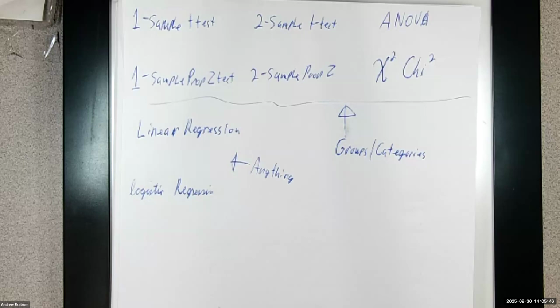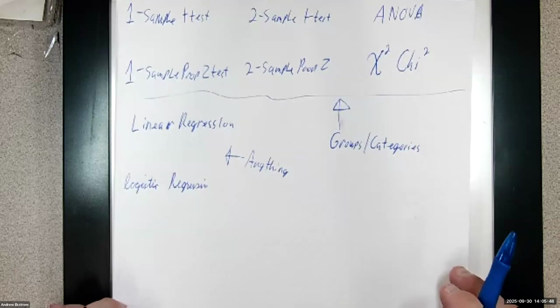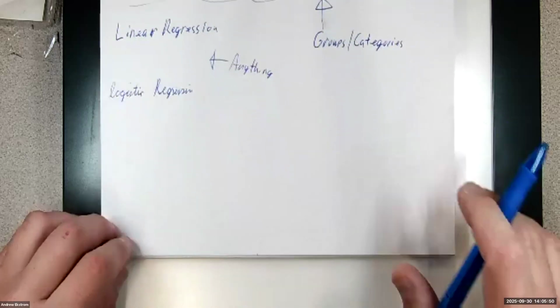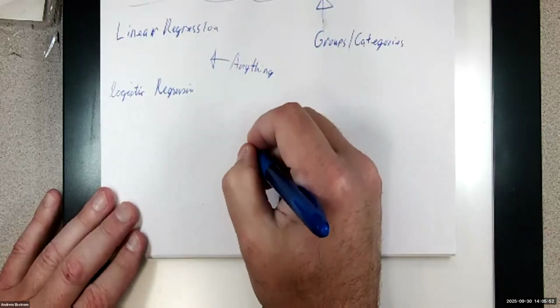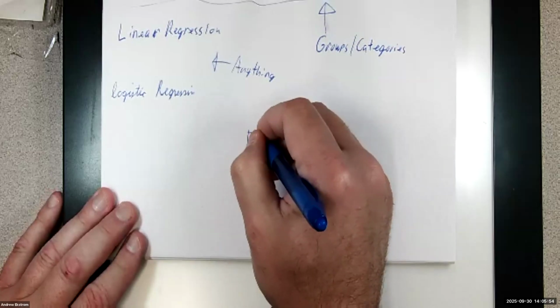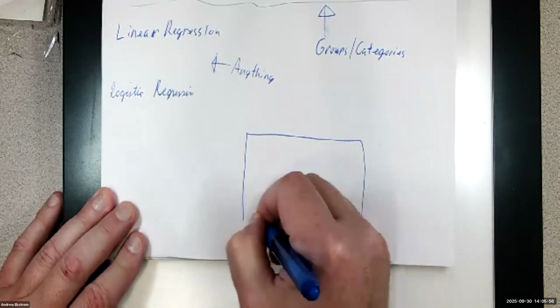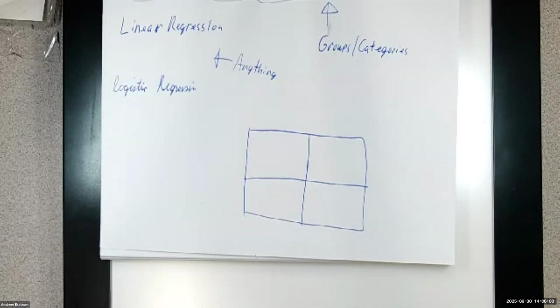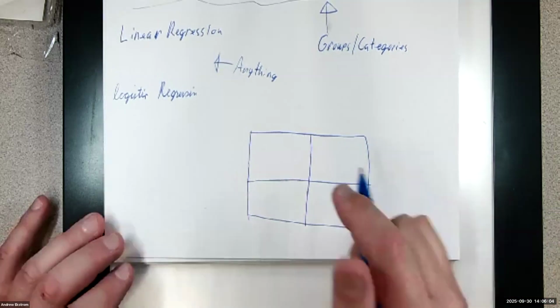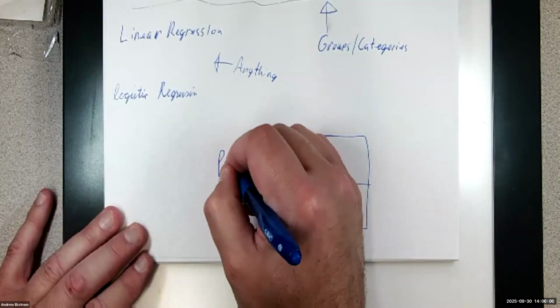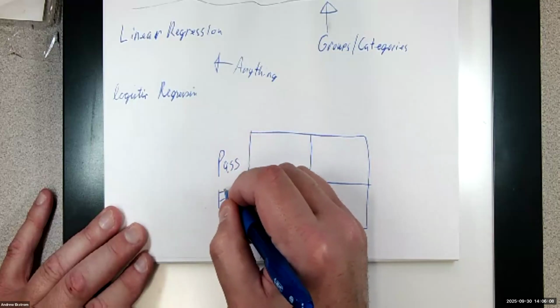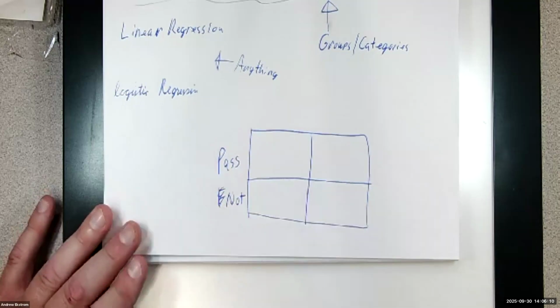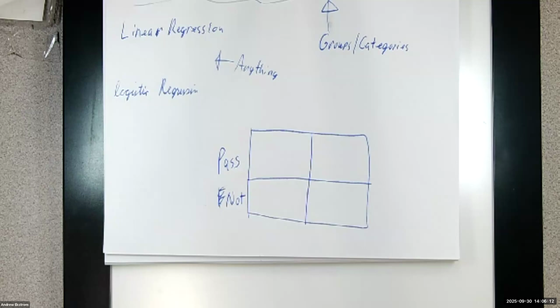With the chi-square test, a lot of times the way that you're going to see it is it's going to be broken up into, say, 4 boxes. We can call these cells, and we can look at this as, say, did students pass or did they not pass?